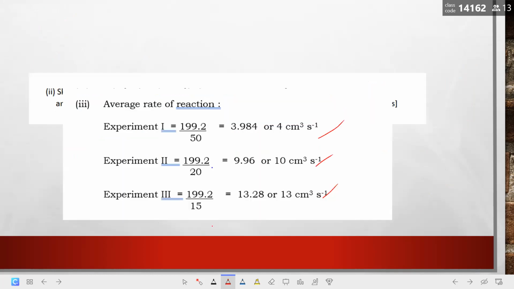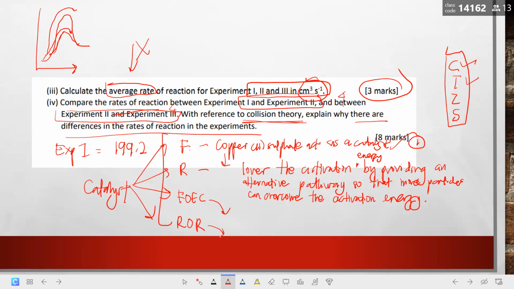FOEC, correct. So the frequency of effective collision between particles. Cannot. You already know what your particles are. You can never use the word particles because they want you to tell them what the particles are.